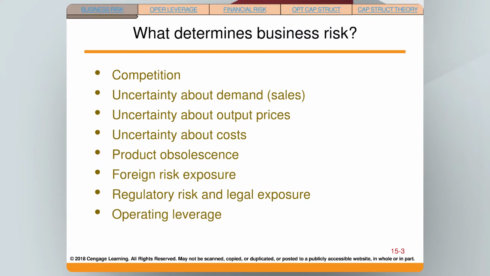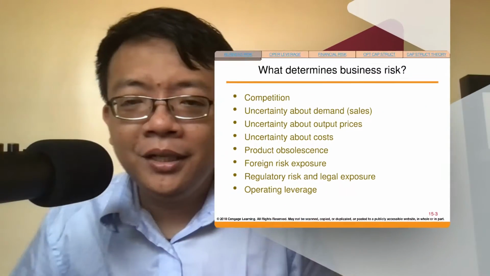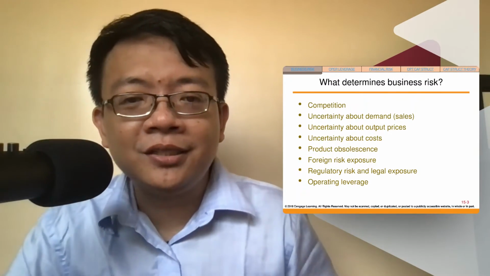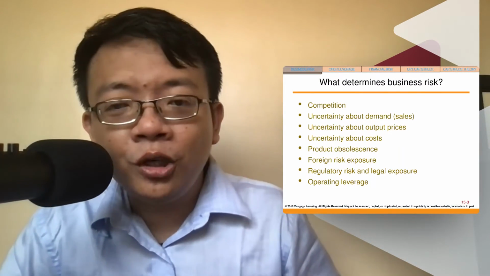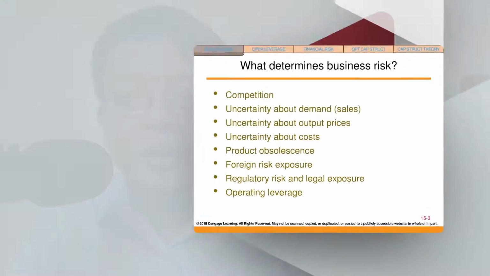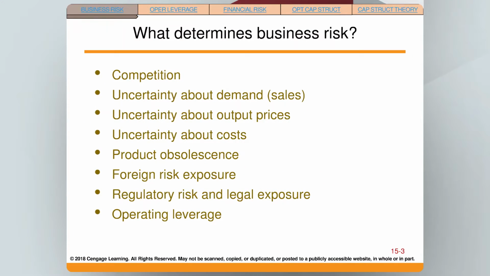So what determines the business risk? Saan ba nakikita ang business risk? Number one, because of the competitions. Competitions, uncertainty about demand, sales, and uncertainty about output prices.